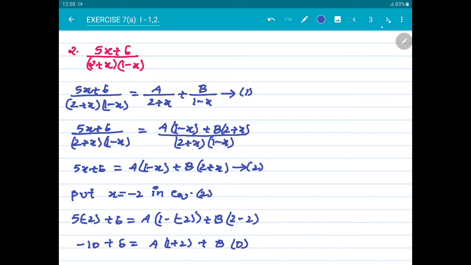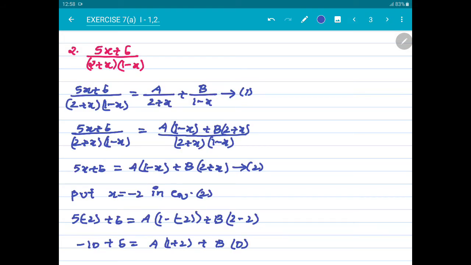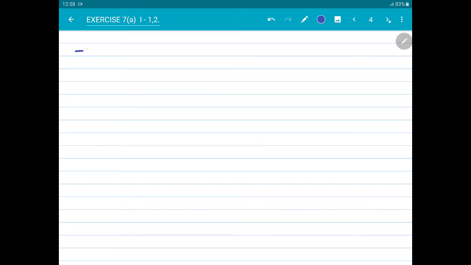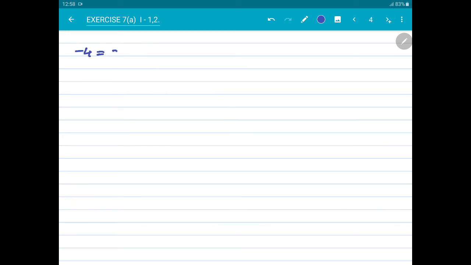Now let's move on to the next step. In the LHS we have -4. In the RHS, 3a + 0. So the result is a = -4/3. This is one value.